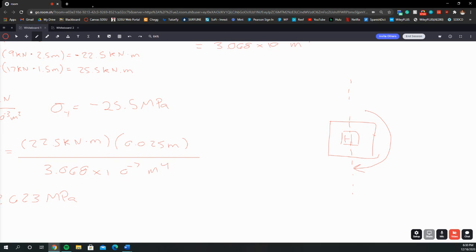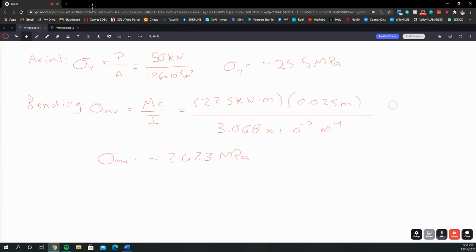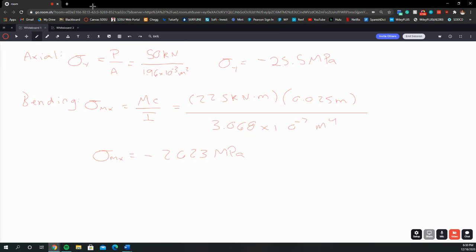If it was out here, it would be, because it would be compressed, and this would be tension. But since it's in the middle, it's on the neutral axis, we don't have to worry about that. So that's nice. I need to erase that. All right. So those are the only two normal stresses that we have to worry about.